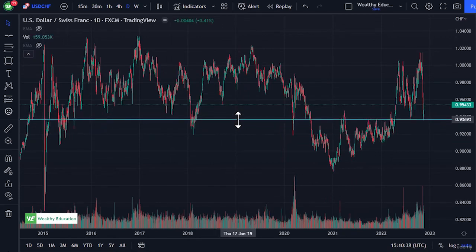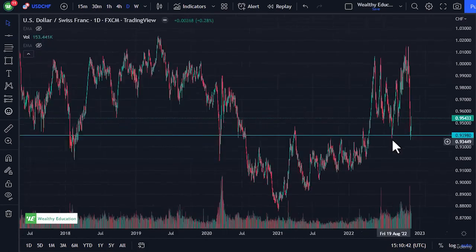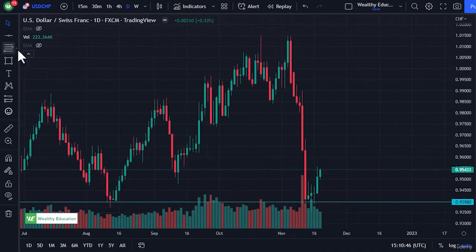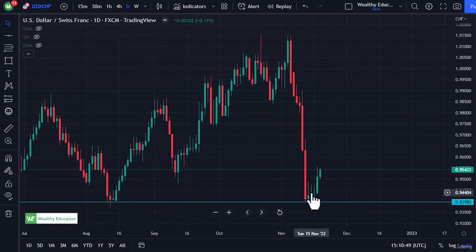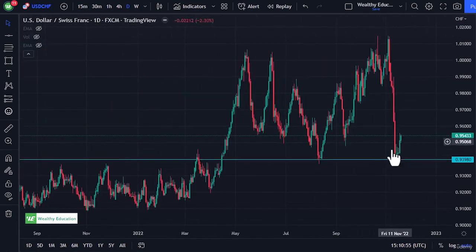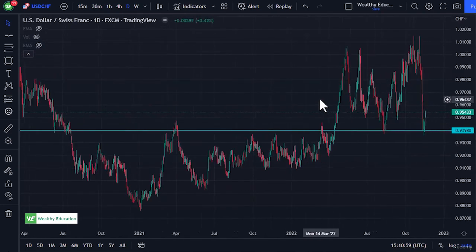They are not perfect to the pip, but right around here you can see that there's been both buyers and sellers. You come to look for some type of supportive candlestick. Let me hide the volume. Volume doesn't matter in Forex because there's no centralized exchange. Hammer here. Inverted hammer here, you break above the top of them, that's a sign to start buying. So we are seeing buyers in the dollar against the Swiss franc right where you would expect to see it.